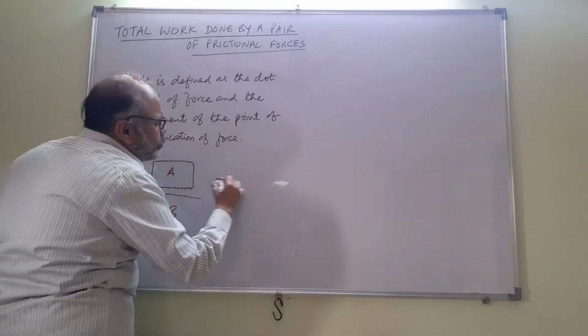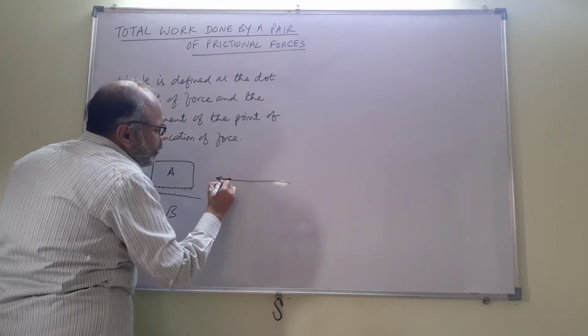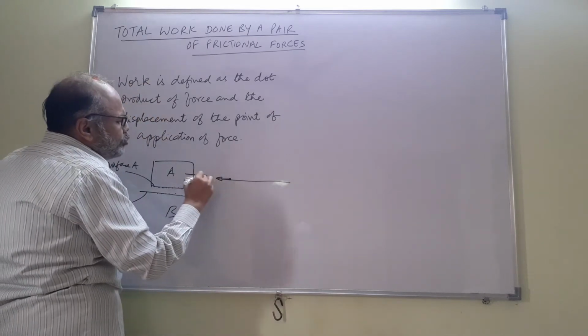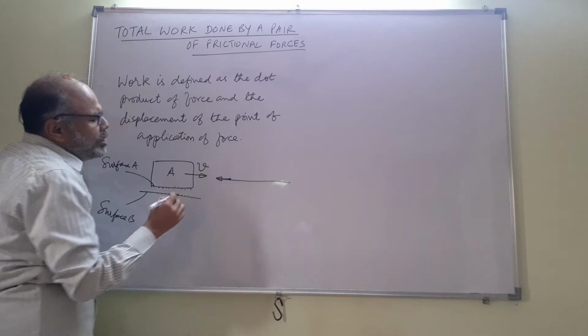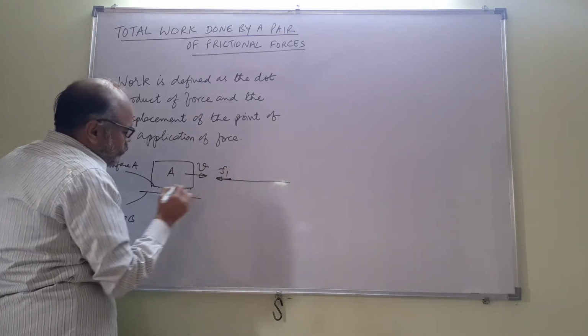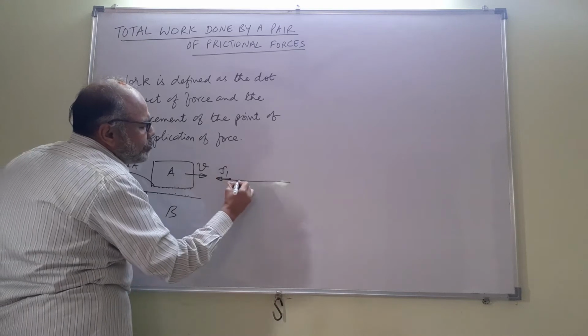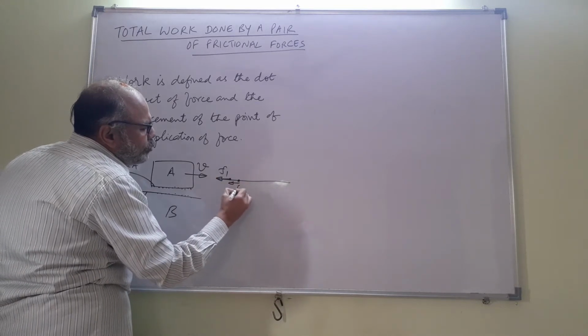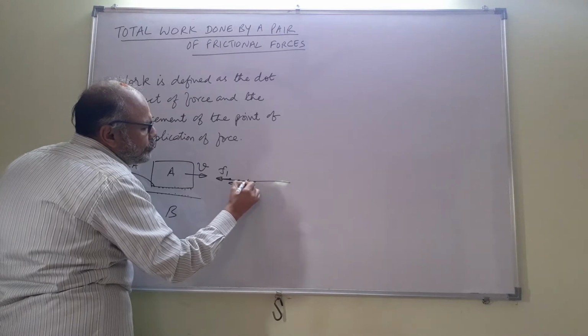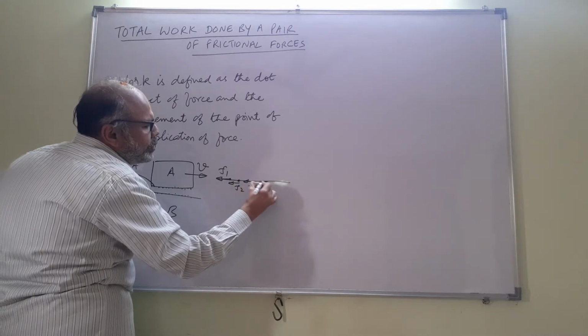We will call those frictional forces F1. Let us say this body is moving towards the right with some speed v. So the frictional force at point 1 would be F1 in this direction. Here it would be F2 in this direction. Here it would be F3. Here it would be F4.